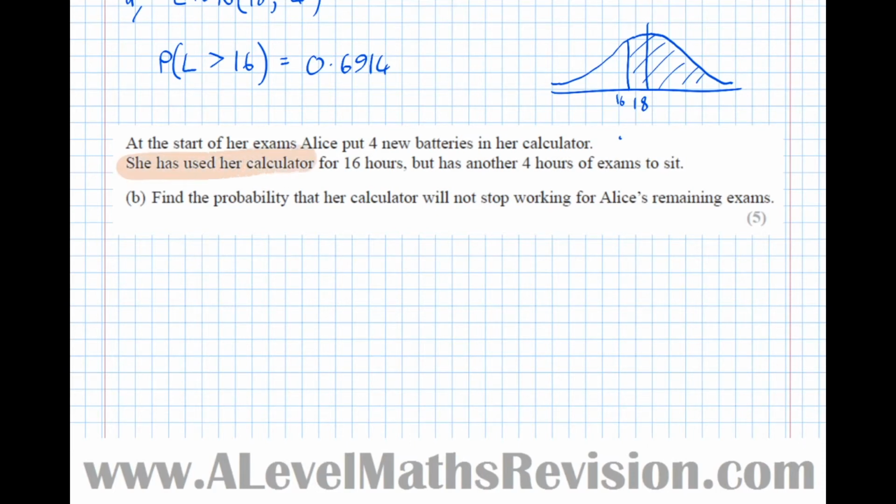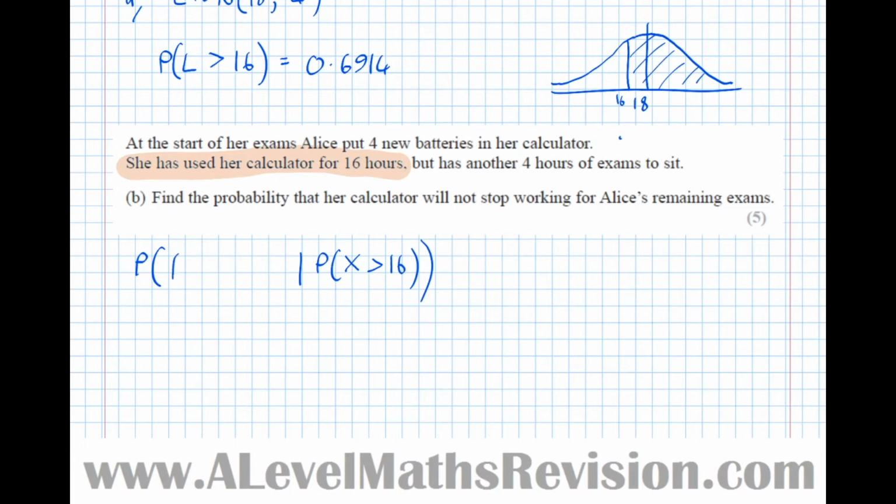So we're given that this situation here has occurred. So we want to calculate the probability of something, given that it's lasted longer than 16 hours. So the probability that we have to calculate is the probability in total that we get more than 20 hours of battery life, because it's already worked for 16 hours and we want another 4 hours.